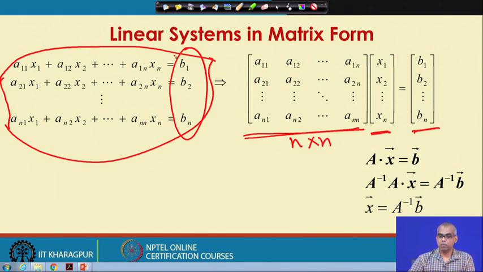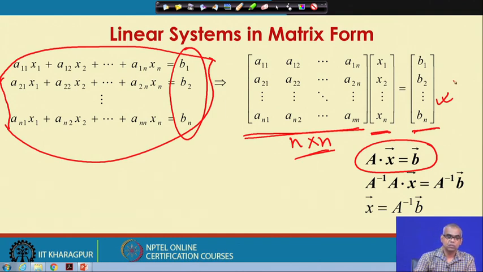Using matrix notation, you can very neatly write it as A x equal to B, where A is the coefficient matrix of order n by n, you have n equations, n variables, x is an n column vector and B is this right hand side vector, again an n vector.